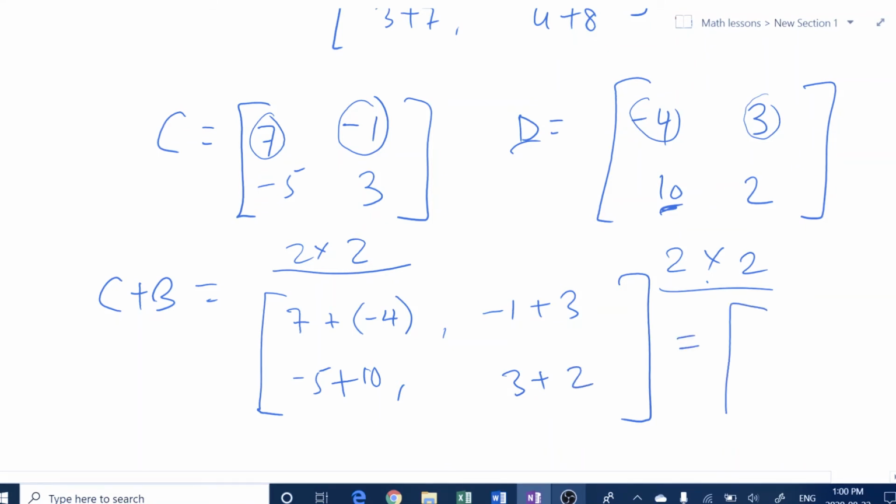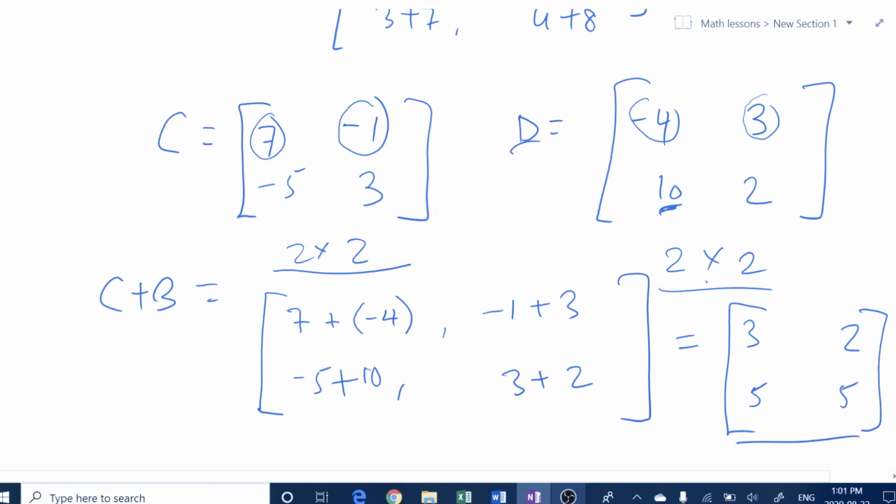So 7 plus -4 is 3, -1 plus 3 is 2, -5 plus 10 is 5, and 3 plus 2 is also 5. This will be your answer.